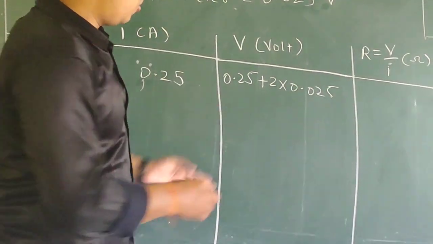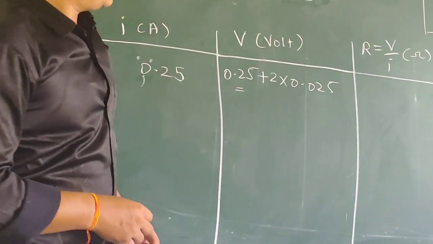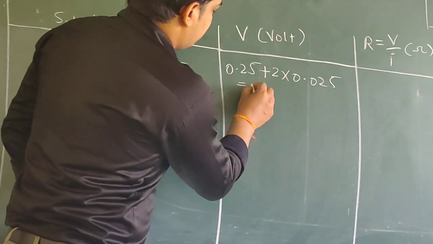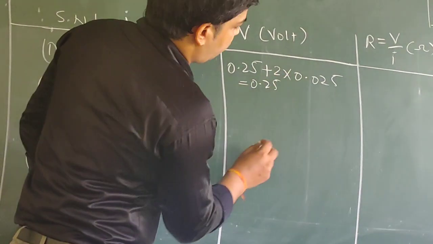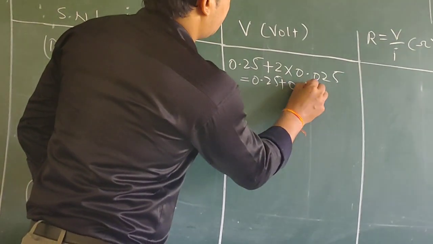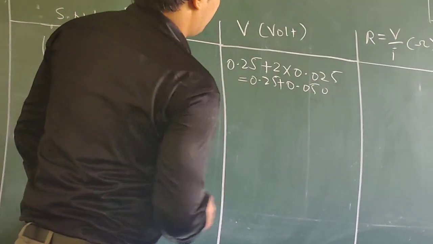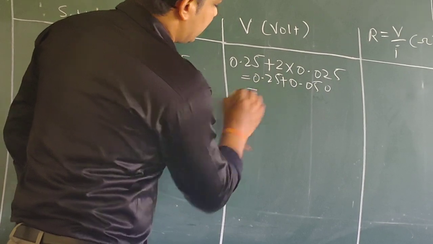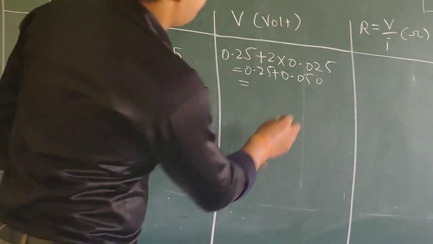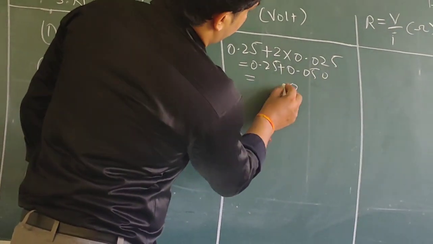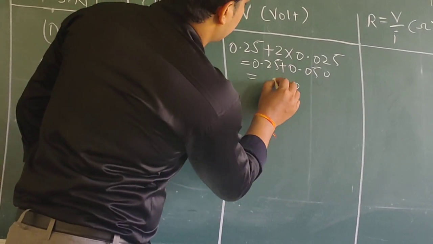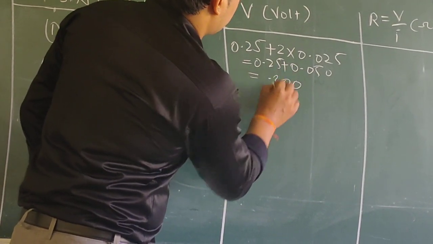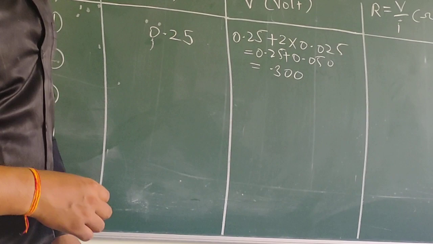Okay, so on solving this you get 0.25 plus 0.050, and on calculating this becomes 0.300 volt.